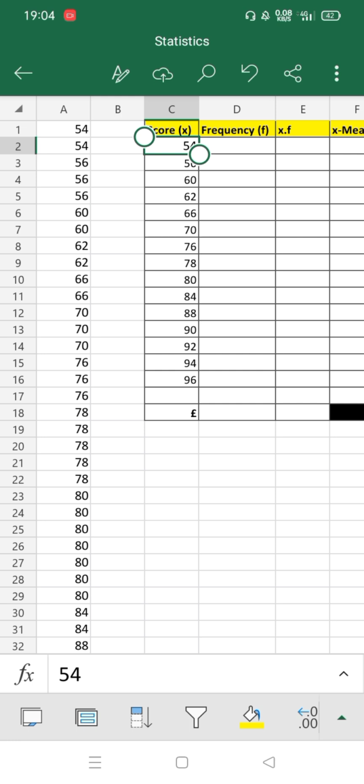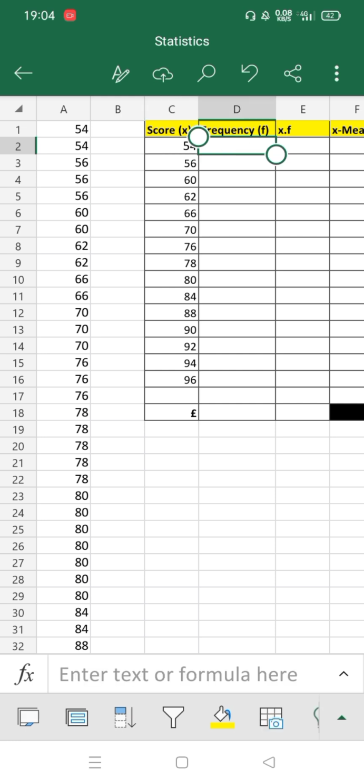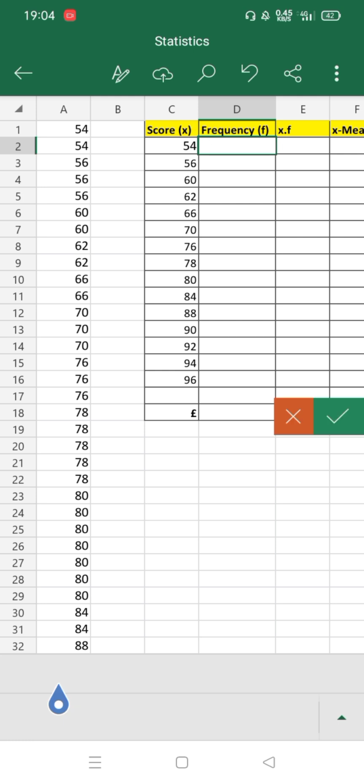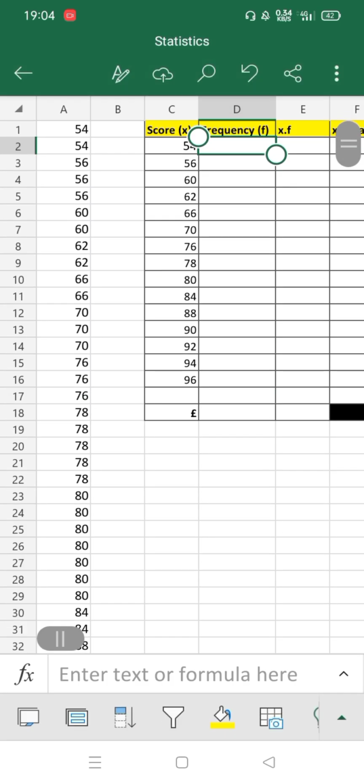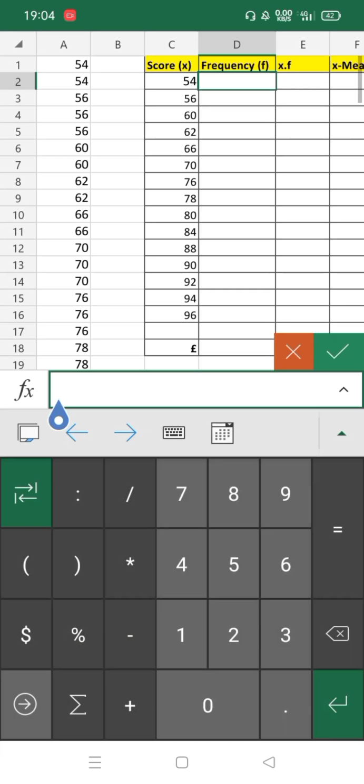The next thing we have to do is look for the frequency of each score. If 54 is in this data, how much is the frequency? You can manually count it one by one. 54, there are two. But in this video I would like to make it easier, so we write a formula here.